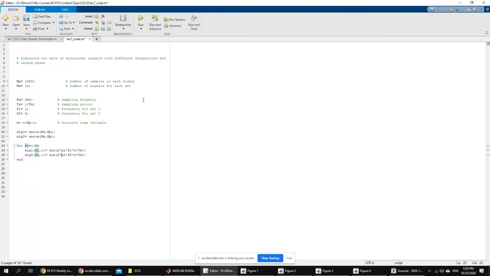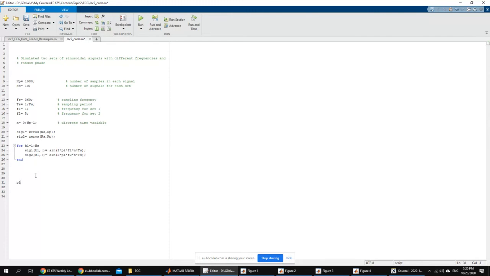Here I didn't put the phase. I should put the phase here, but I'm just going to show it to you without the phase. After I do that, I generated a set of sinusoidal signals with frequency F1 stored in sig1, and a set with frequency F2 stored in sig2.